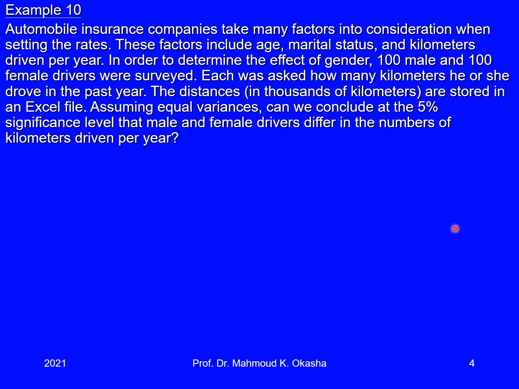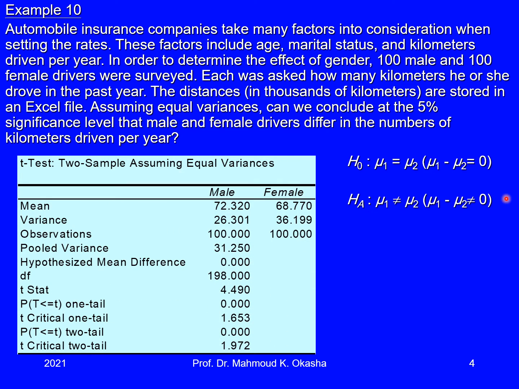Are they different? The alternative hypothesis will be not equal, because we are not interested in seeing who is bigger, but whether they are different or not. So the null hypothesis, as we mentioned, is always equality: males and females have equal means of kilometers driven in the previous year, or mu1 minus mu2 equals 0.